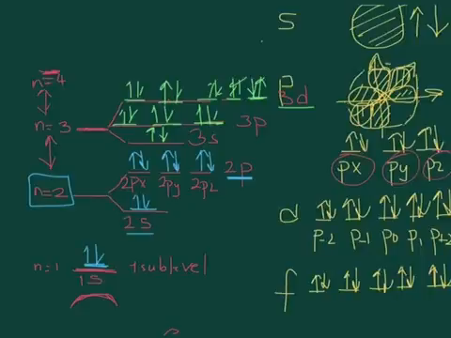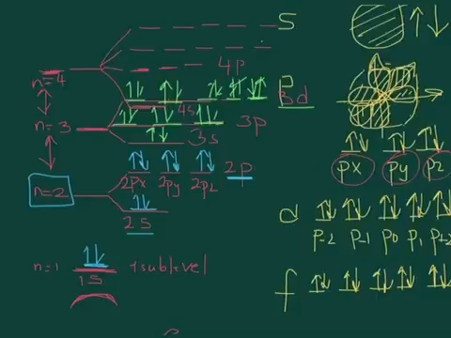The fourth energy level is split up into 1, the 4s, 2, the 4p's, 3, the 4d's, and the 4f sublevels. We can call them 4s, 4p, 4d, 4f.